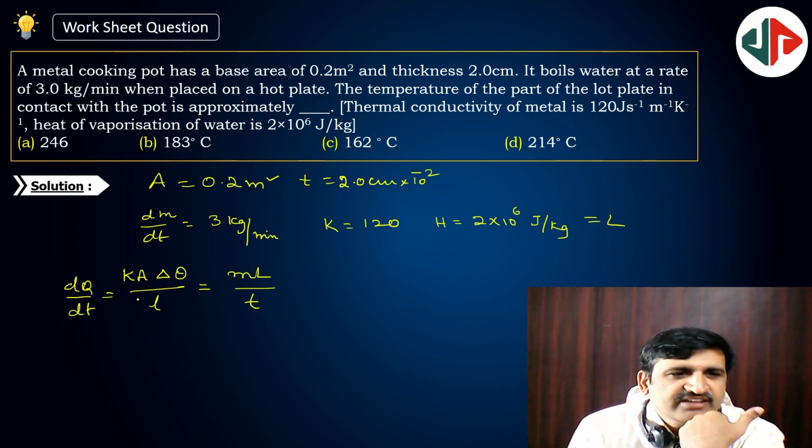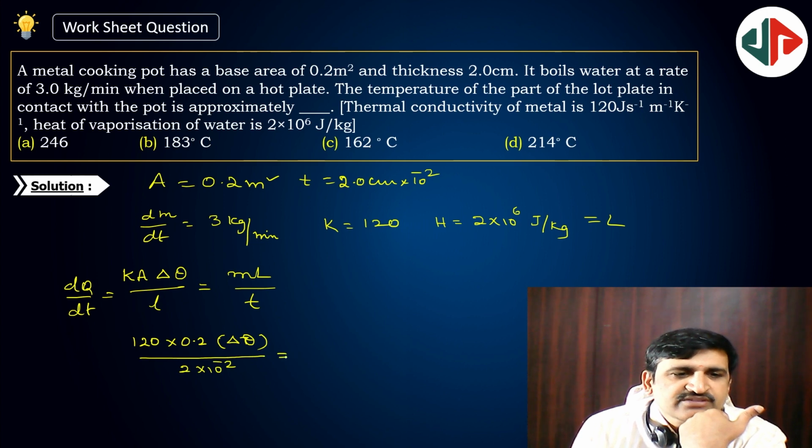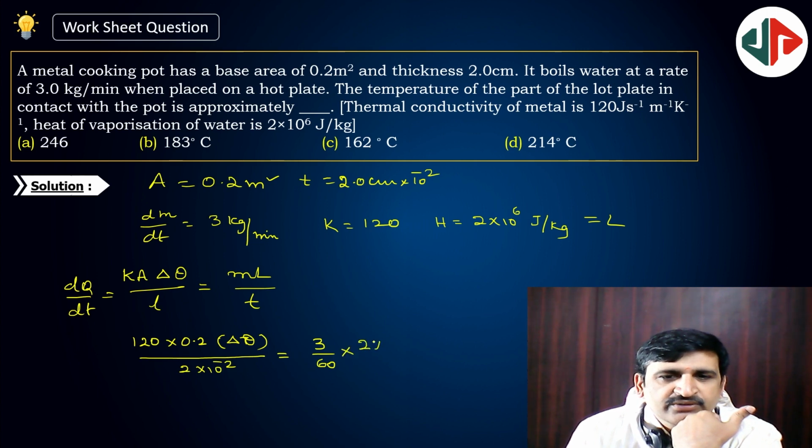Next, K value is 120, area value is 0.2, and the temperature difference we need to find, with the pot approximately. So the temperature difference Δθ by L, where length is nothing but thickness, 2 into 10 to the power of minus 2, is equal to m by t, which is 3 kg per minute, divided by 60, and the L value is 2 into 10 to the power of 6.